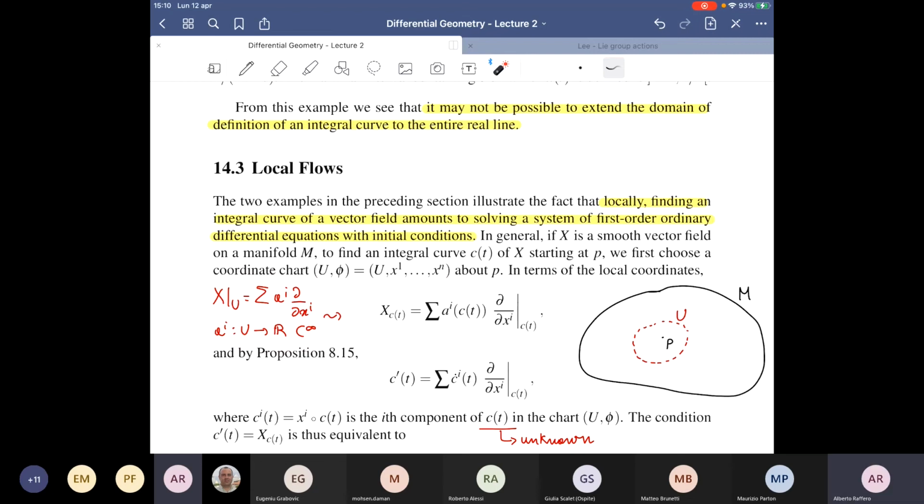So if we are on this open set and we are considering a generic curve C of t, which is our unknown curve, for the moment, let's say C goes from some real interval to the manifold M, and it is unknown.